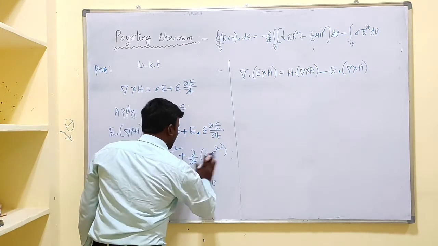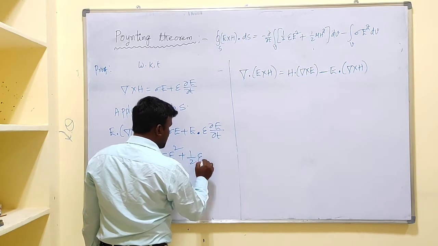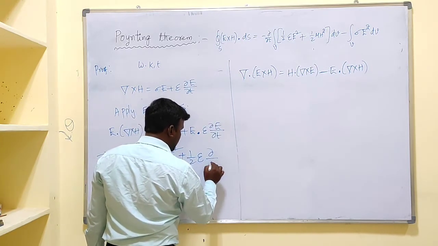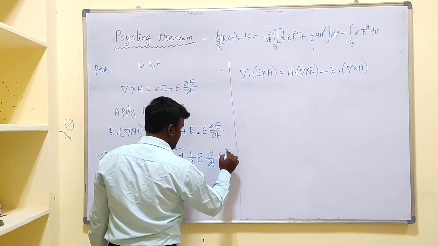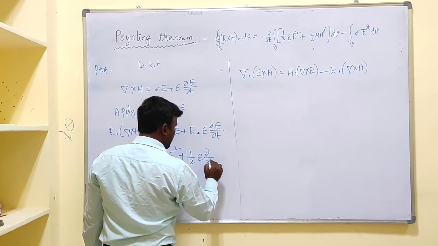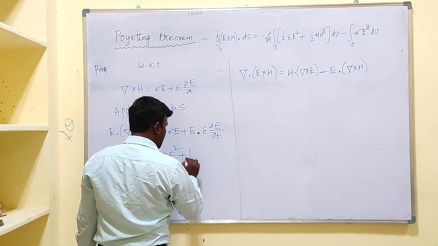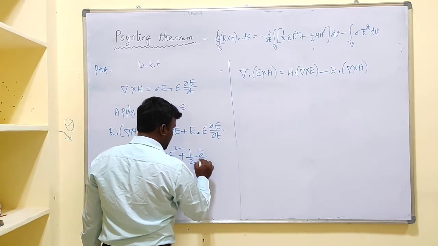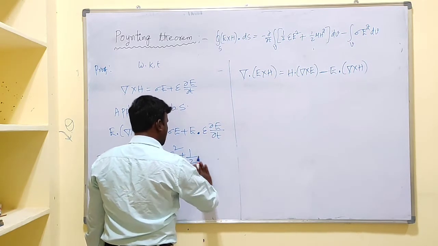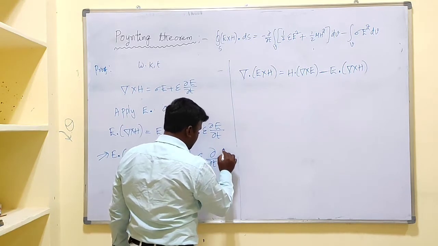So that's why we can write 1 by 2 epsilon E dot E as 1 by 2 epsilon dou by dou t of E square.